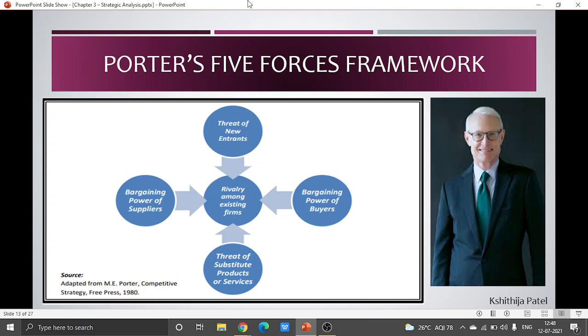So on to the evaluation of the strength of these forces. A high force can be looked upon as a threat as it reduces profitability, whereas a low force would mean an opportunity that allows the firm to earn more profit.